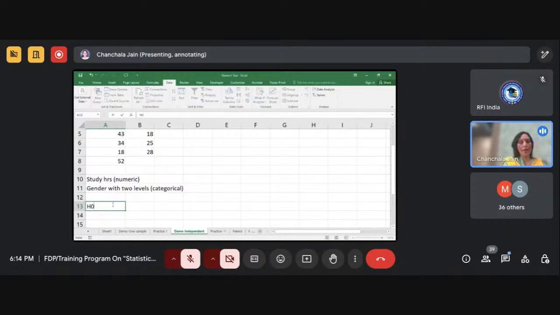So our null hypothesis will be that there is no significant difference, or no significant mean difference, in the mean study hours of male and female students.